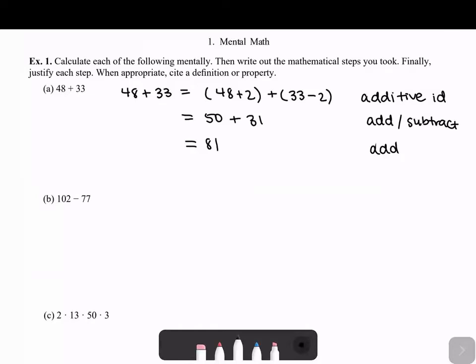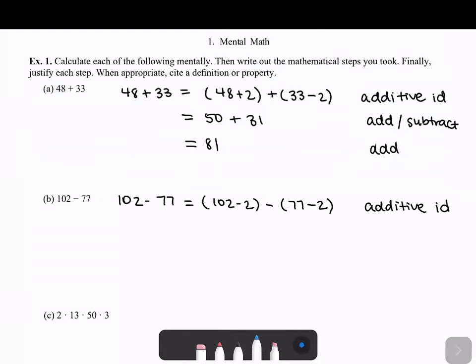Okay, anyway, to do 102 minus 77, we want to change this 102 to 100. So we subtract 2 there. And now we have to compensate by, it's going to look a little bit funny, subtracting 2 over here at 77. This is still actually a case of the additive identity, because I'm going to write a little note in blue over here that minus 2 is the same thing as positive 2.